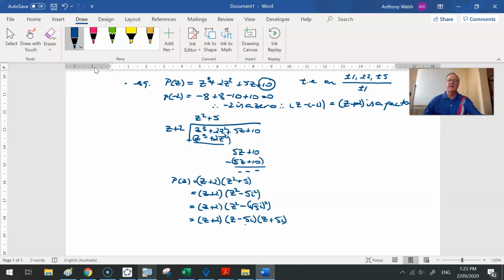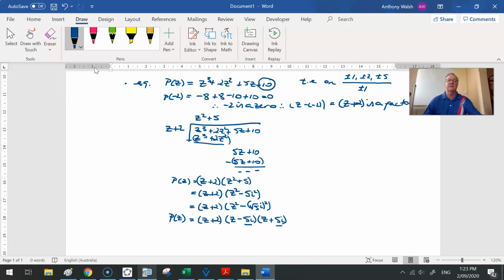That makes root 5 i a root of this particular polynomial. z minus root 5 i is a factor. What's the conjugate of root 5 i? Well, negative root 5 i. And if you go z minus negative root 5 i, this is where this other factor comes in, z plus root 5 i. Root 5 i and negative root 5 i are conjugates of each other. So there's my polynomial, which I know had 3 roots because it was degree 3 and 3 factors.